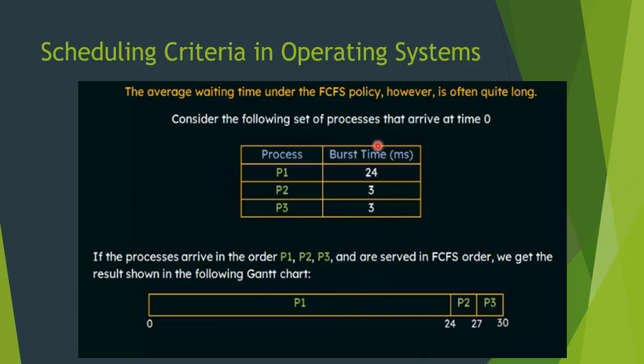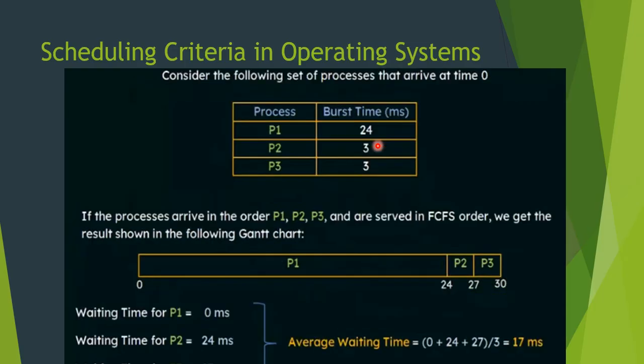Let's look at another example. With this kind of example, we're told if the processes arrive in that order and are served in that order, this is what our Gantt chart will look like. And so what will be the waiting time? If you're told to calculate the waiting time for process 1, how long did process 1 wait to be given the CPU? It only waited for 0 milliseconds, which means it never waited.